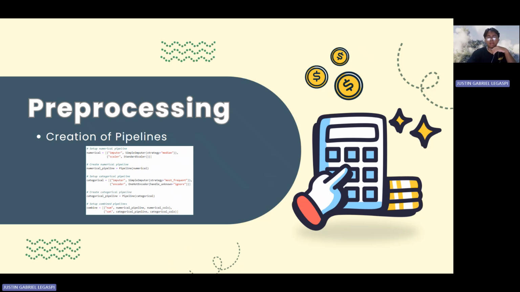Next is the creation of the pipeline. In this, we created two separate pipelines, the numerical and the categorical pipeline. The numerical pipeline imputes missing values and uses standardization, while the categorical pipeline imputes the missing values and uses one-hot encoding.